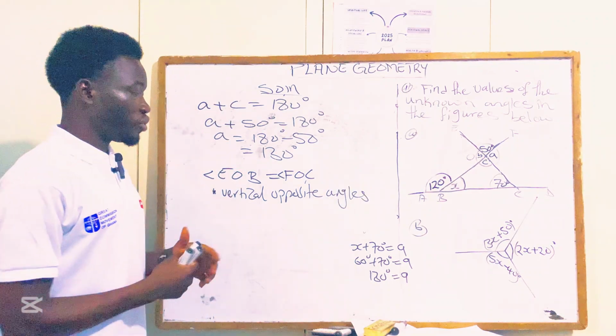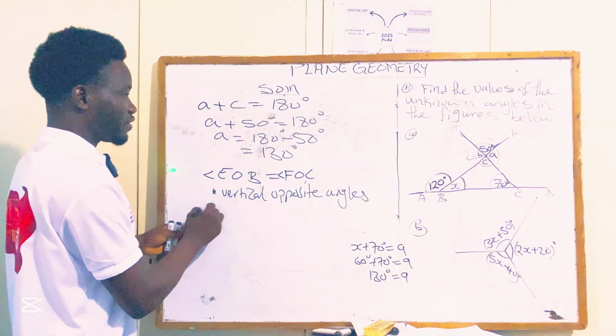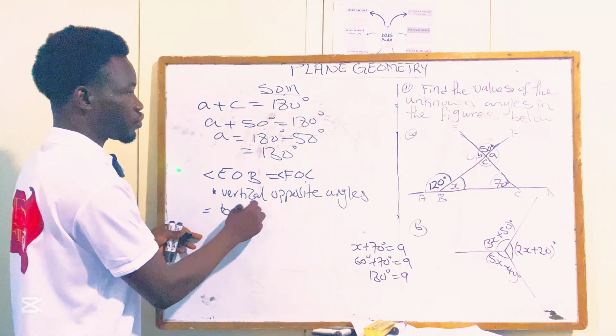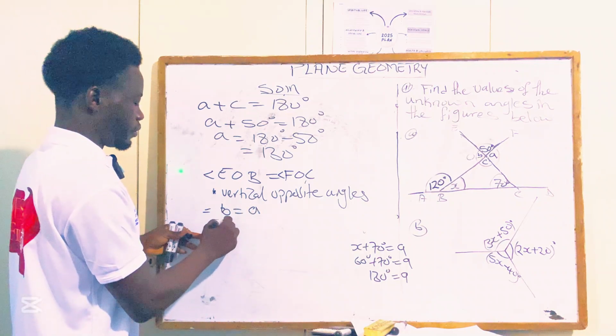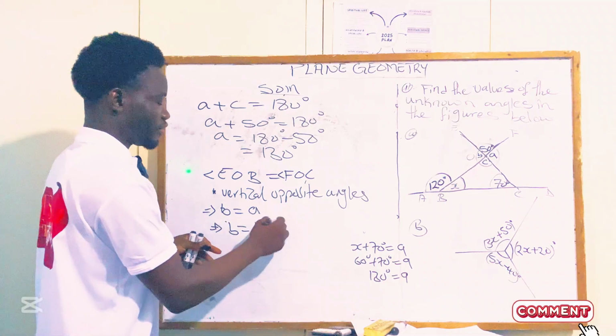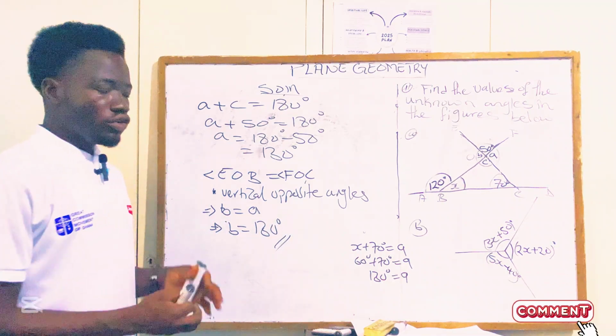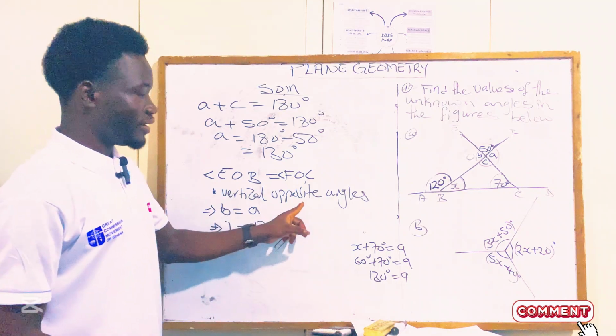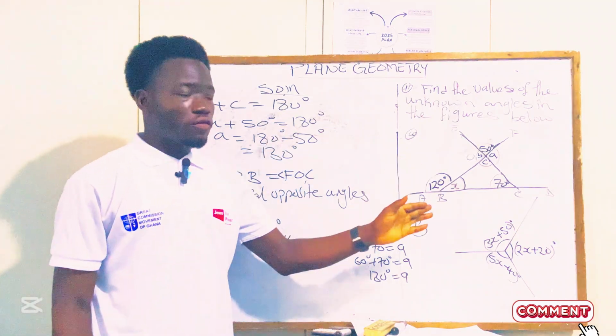So vertical opposite angles, which implies that B is equal to A, and implying that B is equal to 130 degrees. So you take this step, and this reason helps you to solve for the whole question.